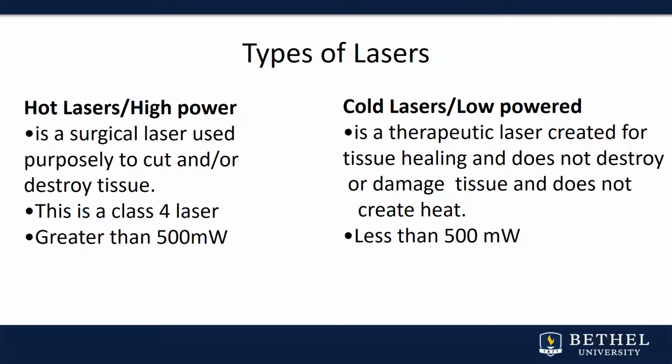So we have hot lasers and cold lasers is another way that we could classify them. A hot laser is a surgical laser used to cut and destroy tissue. It's a class 4 laser, and it generates greater than 500 milliwatts of power. A cold laser does not destroy tissue because it doesn't generate heat, and it's less than 500 milliwatts of power.